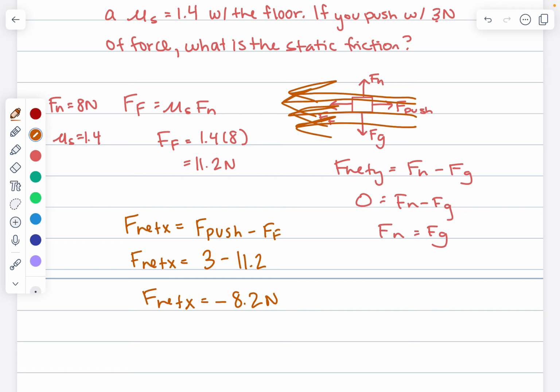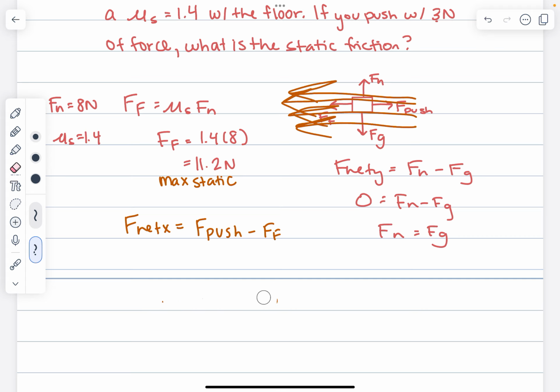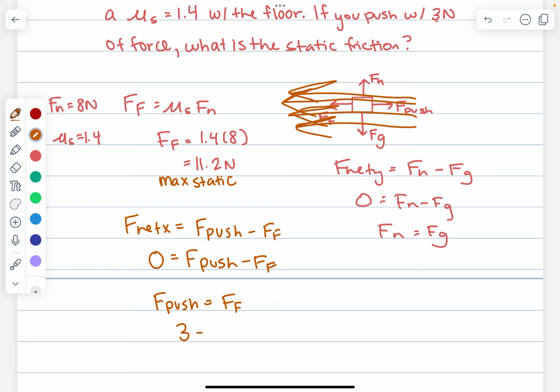It's not moving. So the static friction force can't be 11.2 newtons. That is the max static friction force. It is not the actual one. Help me correct this situation down here. This is true, but what does the F net x have to be? It's not moving, so it has to be 0. So actually, the F push must be equal to the force of friction. So 3 newtons is the force of friction.